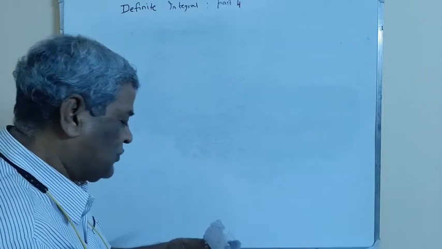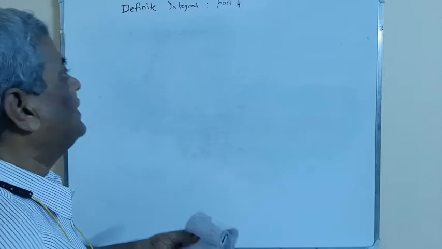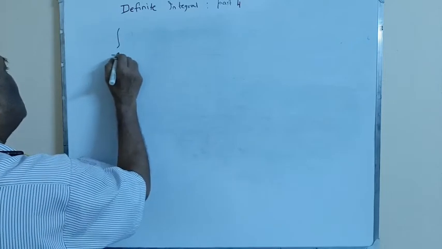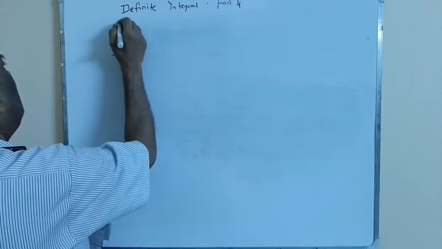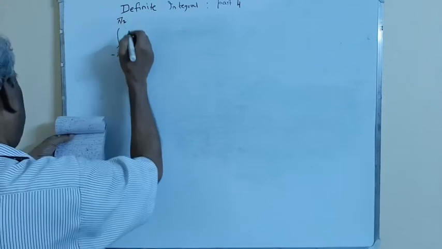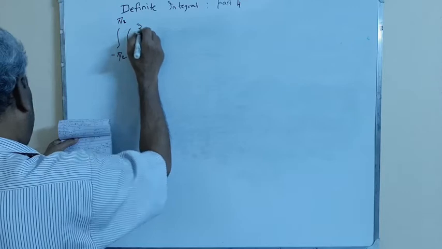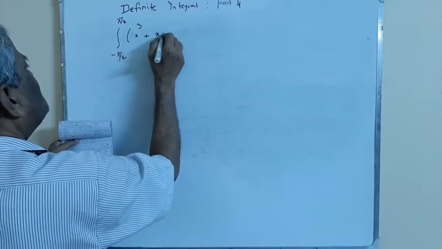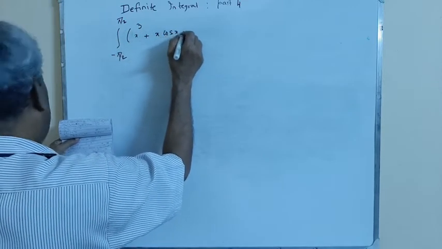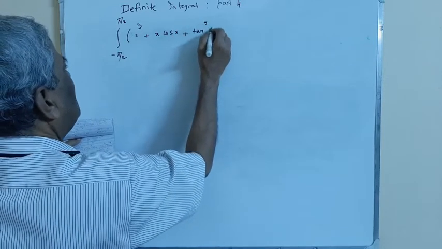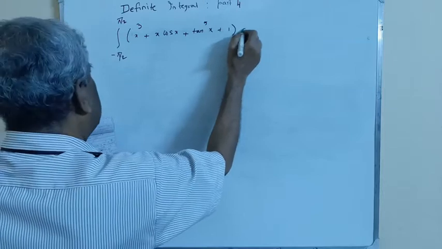So our first problem is to find the integral from minus pi by 2 to plus pi by 2 of x cube plus x cos x plus 10 to the power 5x plus 1 dx.